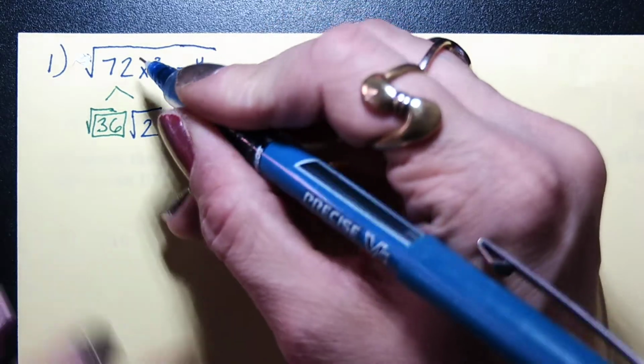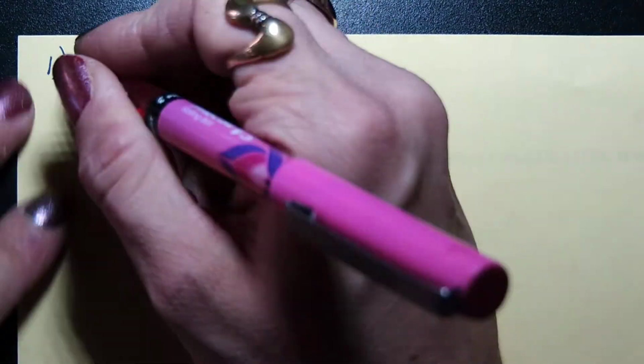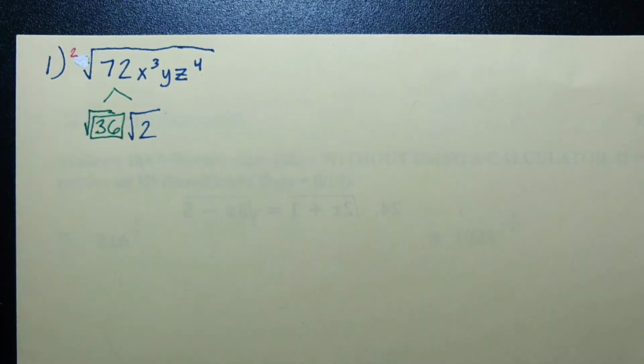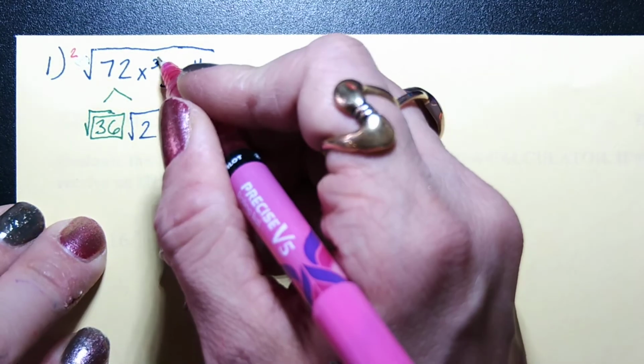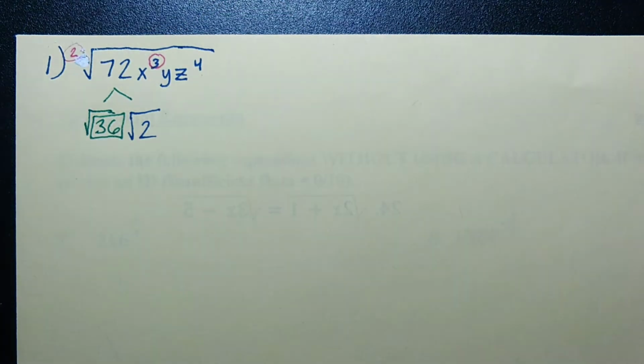So from here, we've got x cubed. Now, we've said that the index of this radical is 2 when there isn't one explicitly written. Do I have enough x's to take the square root? Yep, we've got x squared, or at least x squared, so I have enough that I should be able to take out a square root from it. Now, if I try doing power divided by index, we get x to the 3/2.